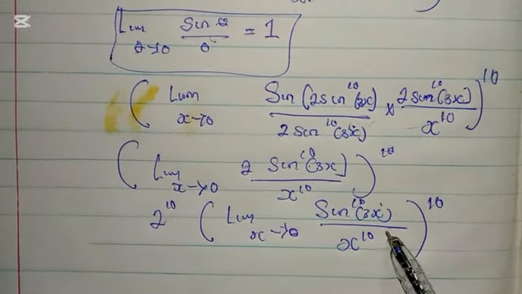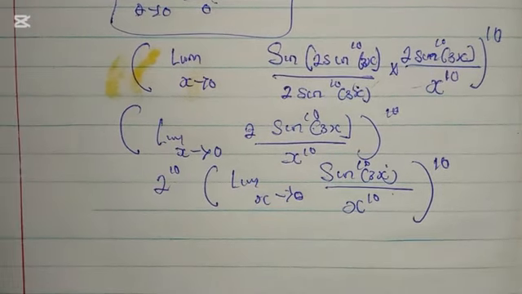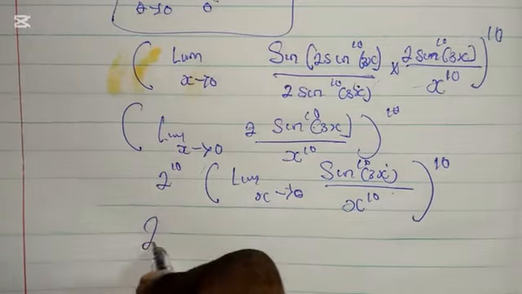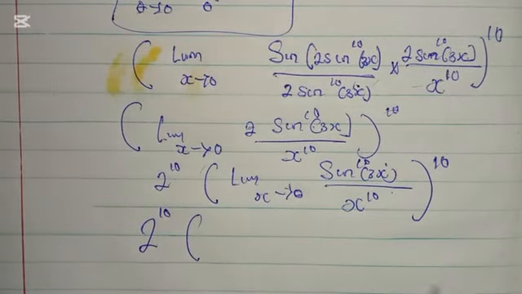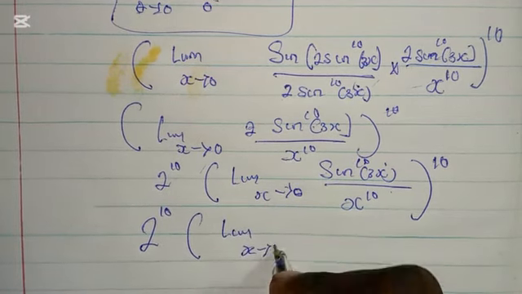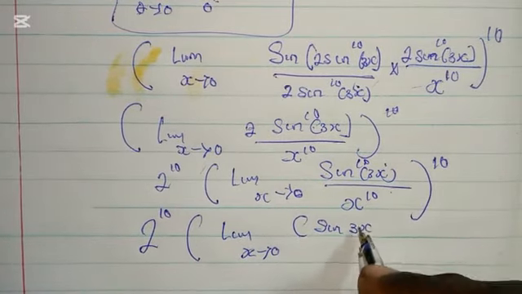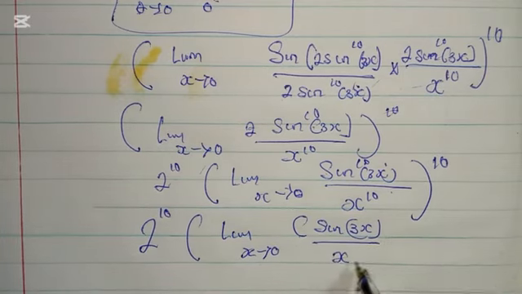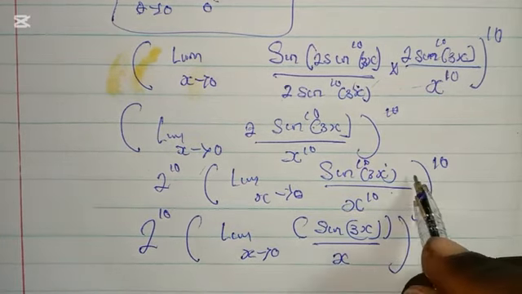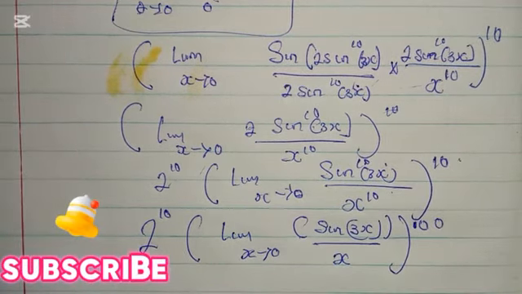So here now you can see that this also is raised to the power of 10. How do we solve that? We just raise everything to the power of 10. So we have 2 raised to the power of 10 multiplied by limit x tends to 0, so we are left with sine 3x divided by x, and everything 10 times 10, that's 100. Everything raised to the power of 100.